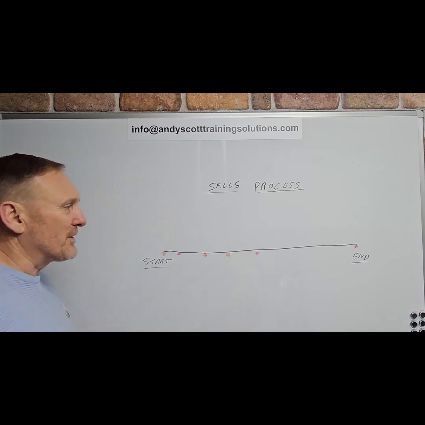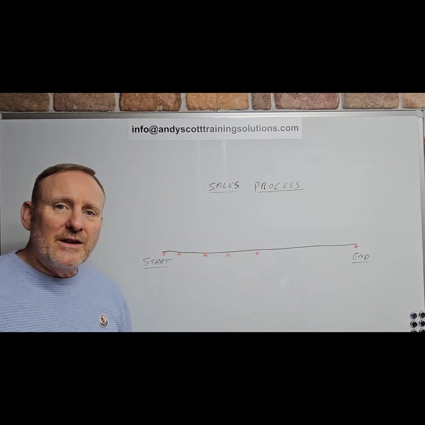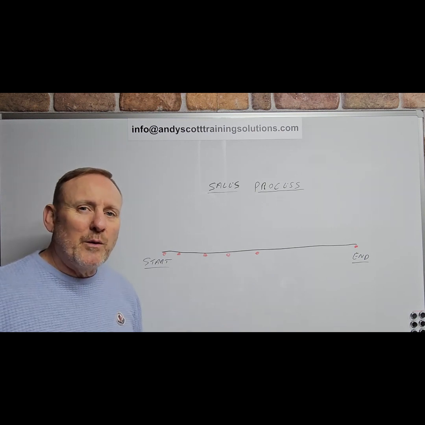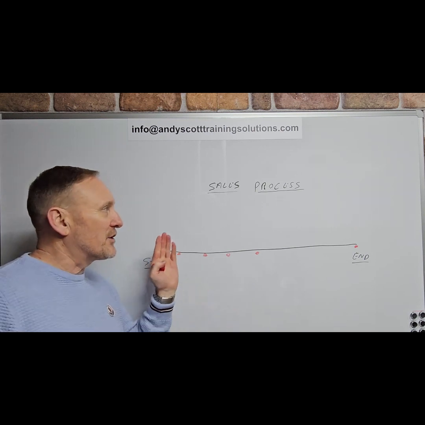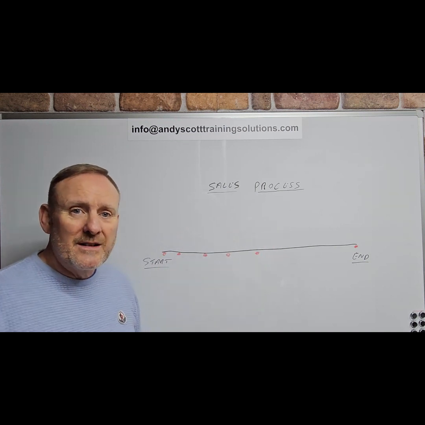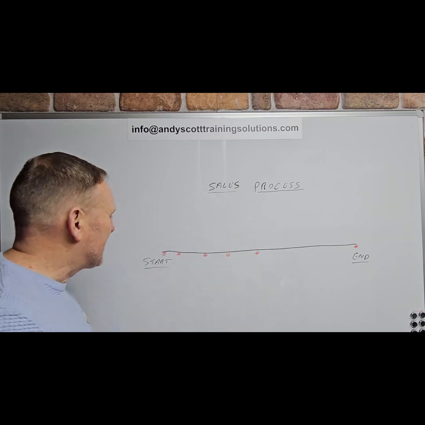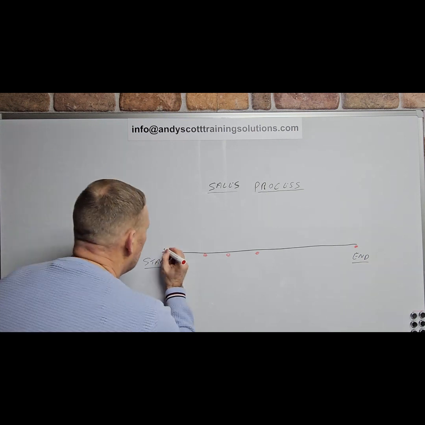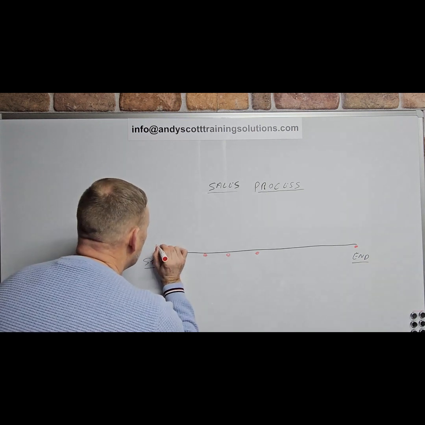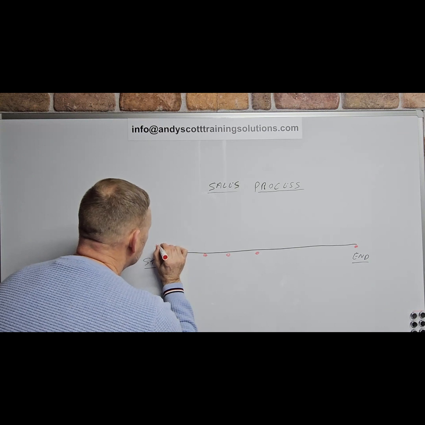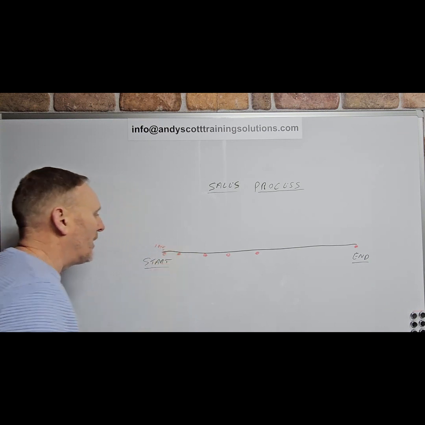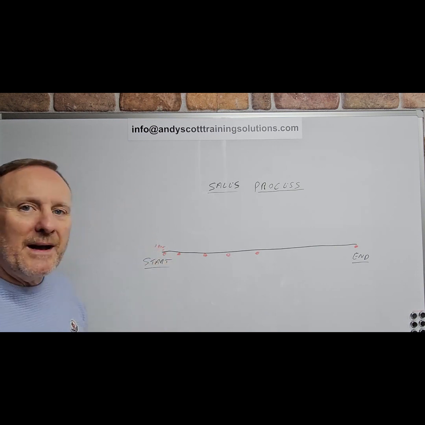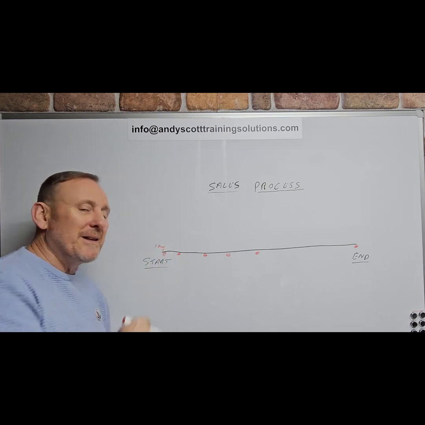So if this is your process, there's a couple of ways that this can go. Now, pilots use something called a 1 in 60 rule, which I quite like, and I think it relates quite well to a sales process. What a pilot says is, if I set off from my starting position and I take off and I am 1 degree off course, that's not going to make any difference really at all at this moment in time.